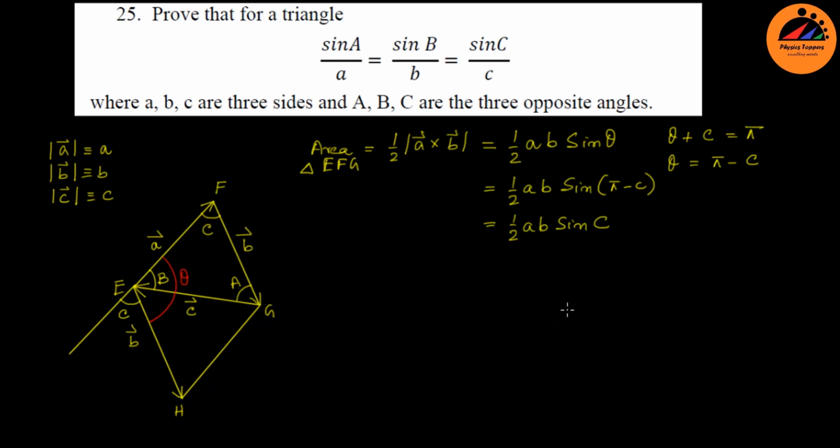Now if you go by some other way, let's find the area of the triangle with the help of B cross C. So what is B cross C? Here we have B, and you need C, right? C is already there.